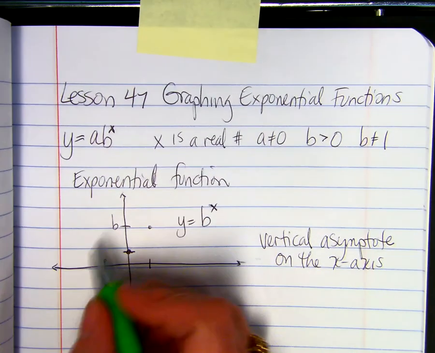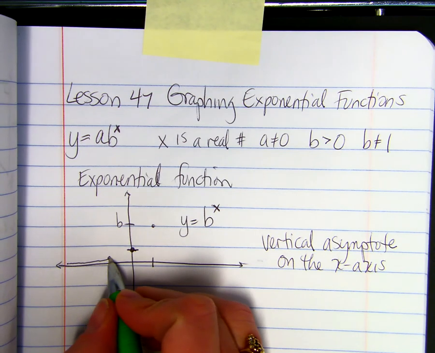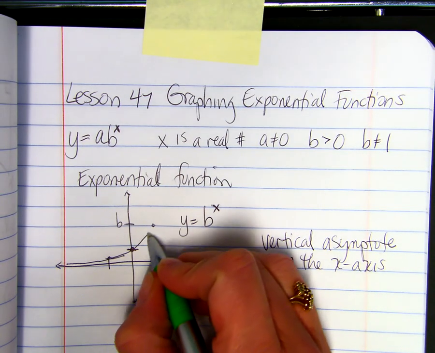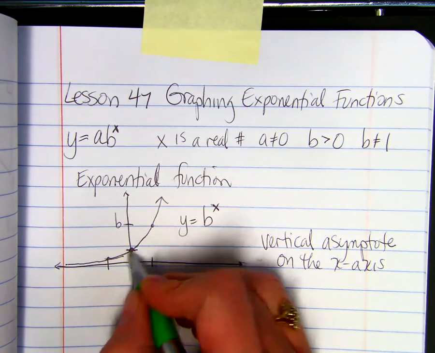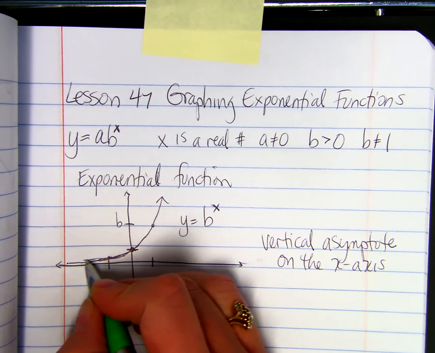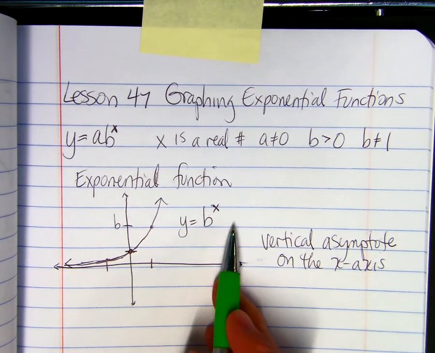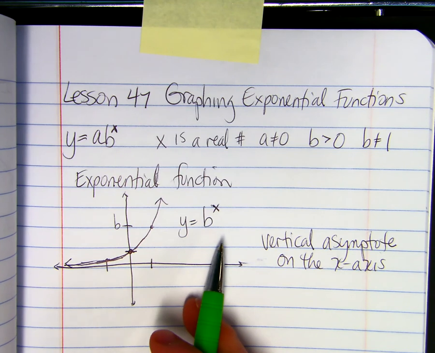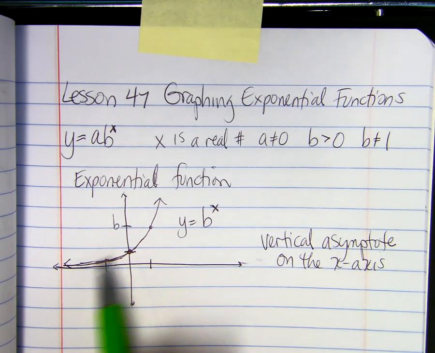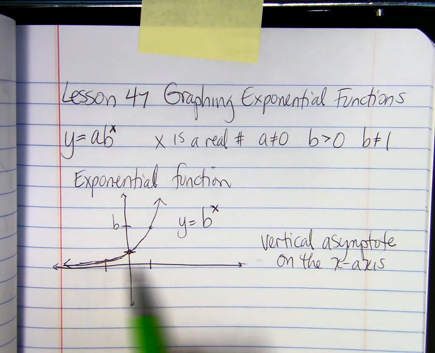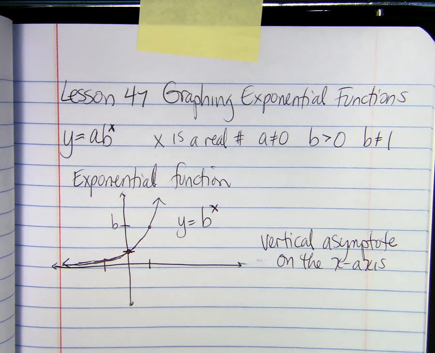So you will keep getting fractions closer and closer to the x-axis, closer and closer to y equals 0, as your x goes into the negative numbers, but it will never cross. So the x-axis becomes a vertical asymptote.